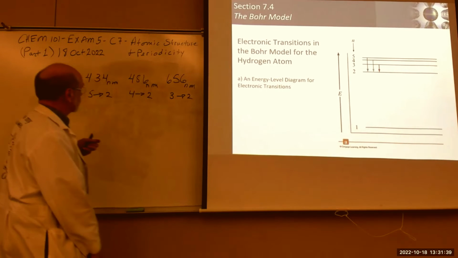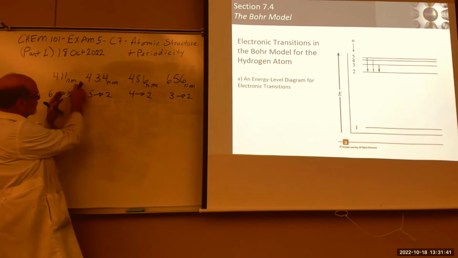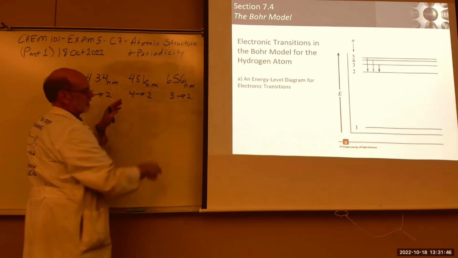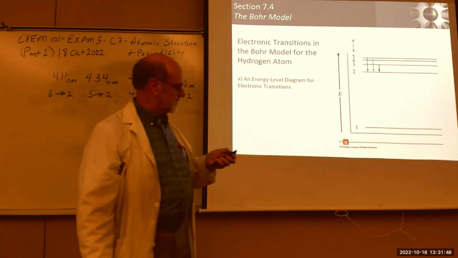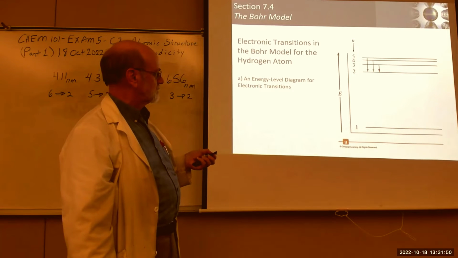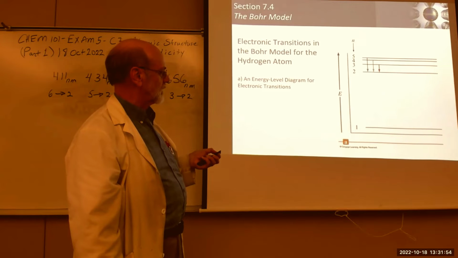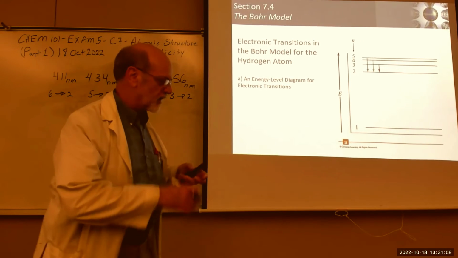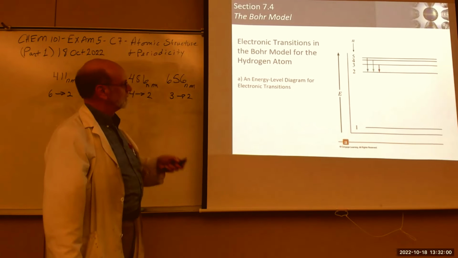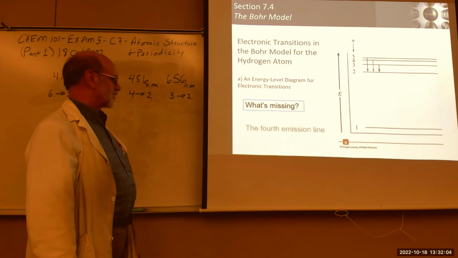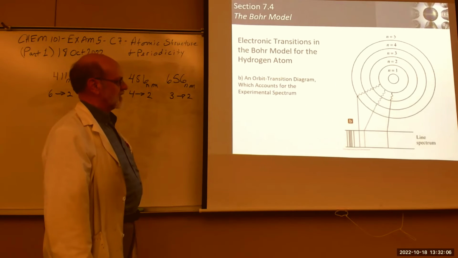And that's another reason that these seem to be so close together, like they're all in the 400s, and then you jump to 6 because of the difference in the jumps. Right? These jumps are very close to one another. 6, 5, and 4 are very close. That's why the numbers are so close. All right, so the fourth emission line is missing, obviously.